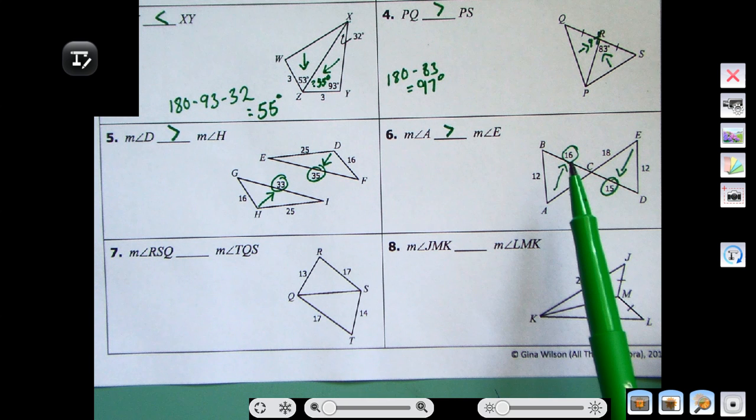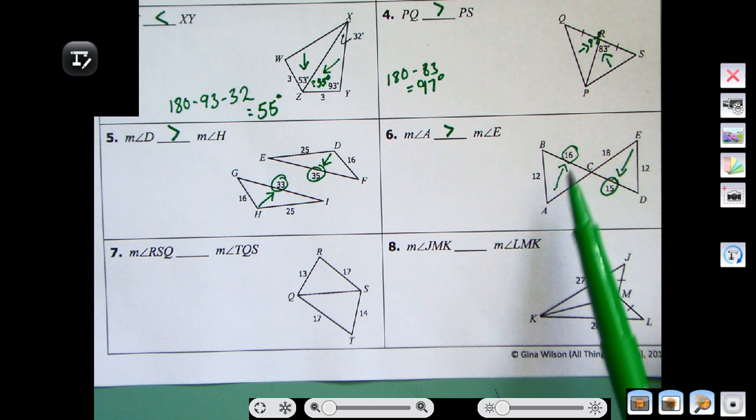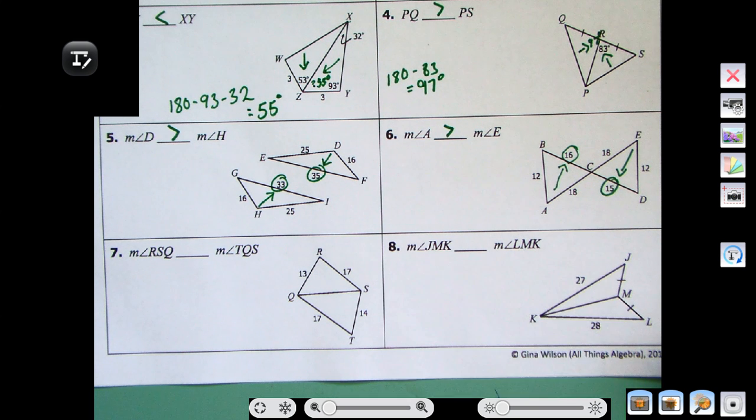So that these have a comparable relationship. Otherwise, you won't know how to do the problem on a test. So it's about remembering the hinge theorem and what it means for angles and sides and their relationship.